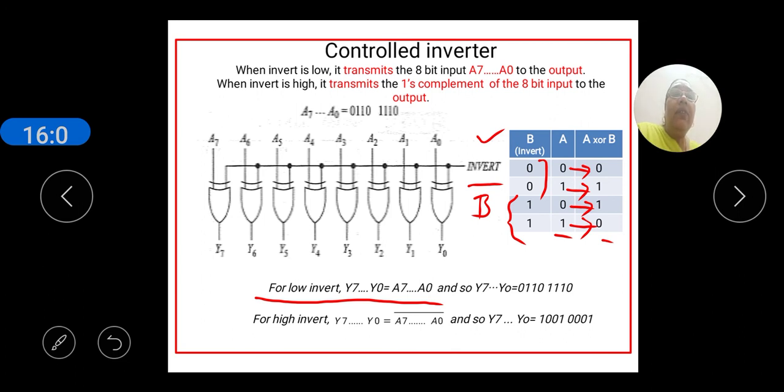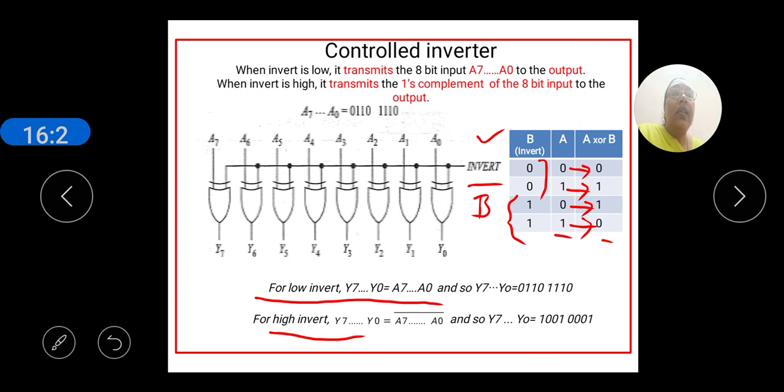For high invert, Y7 to Y0 is equal to A7 bar, A6 bar, A5 bar, up to A0 bar, and so Y7 up to Y0 is the 1's complement of A, which is 1 0 0 1 0 0 0 1.